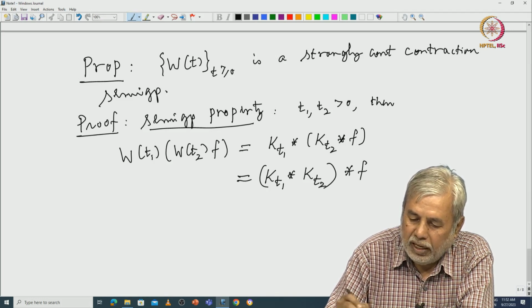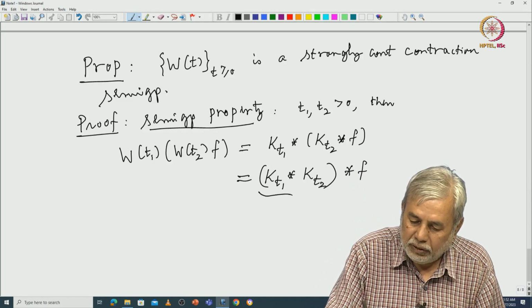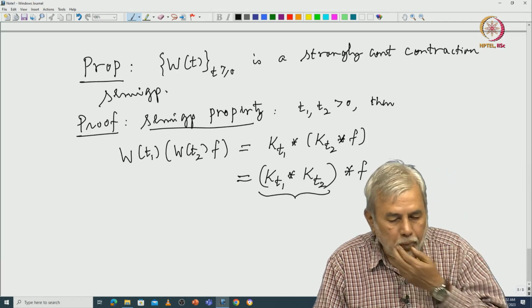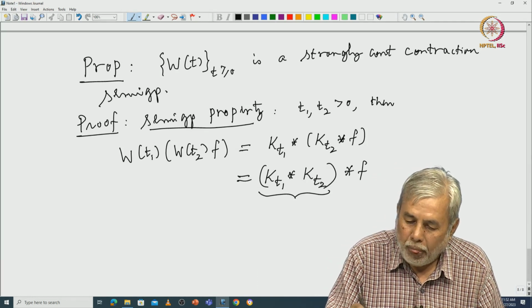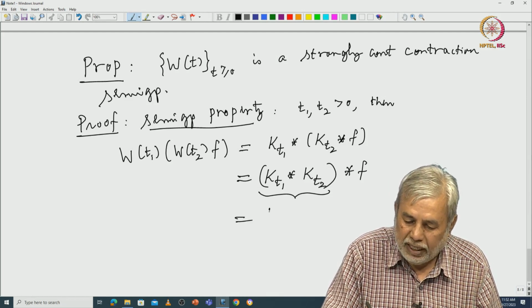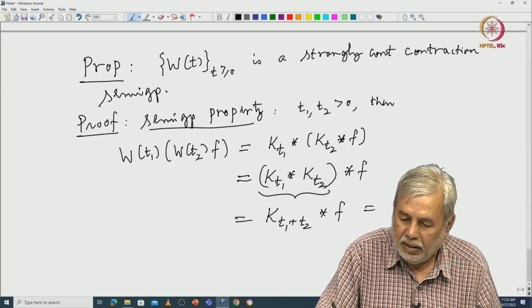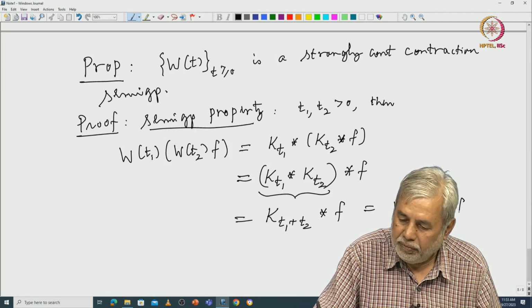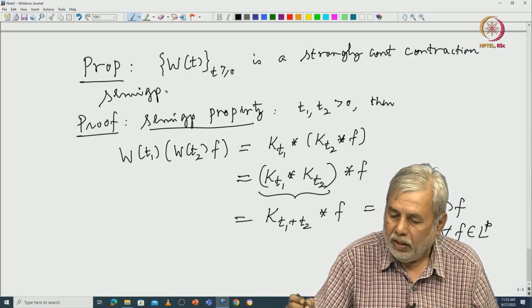And here comes an interesting property of the heat kernel. Since these belong to the Schwartz class, we can use Fourier transform to compute this convolution, and you find that this is precisely K t1 plus t2 star f, and that's by definition W t1 plus t2 of f. Okay, so this is for all f in Lp.